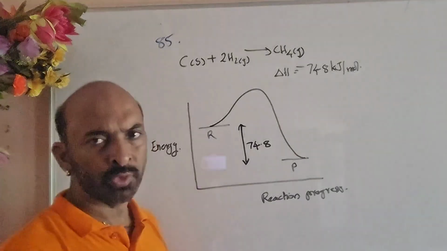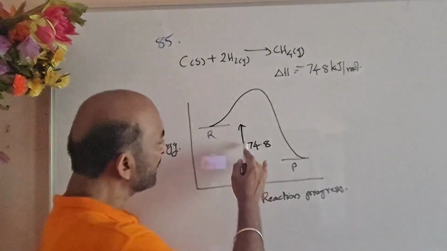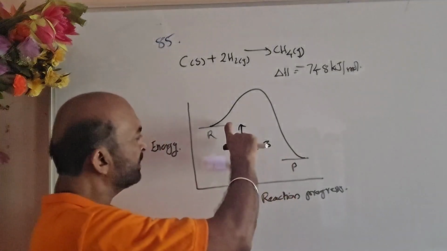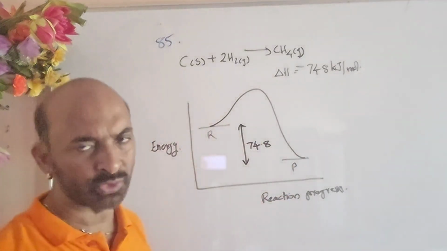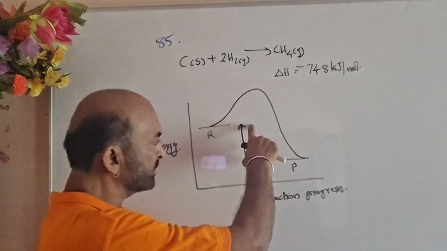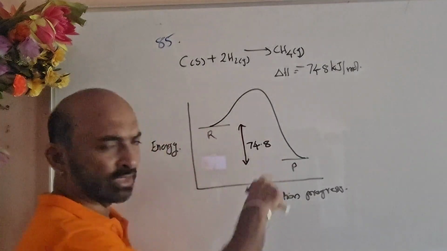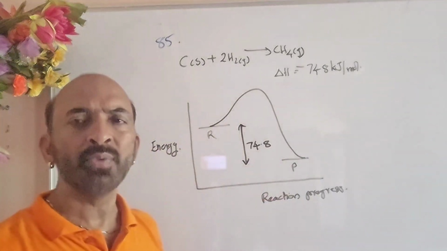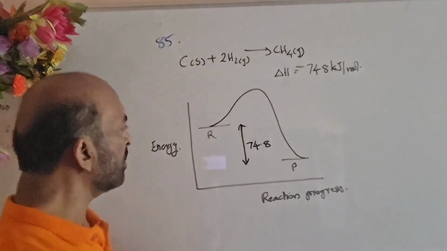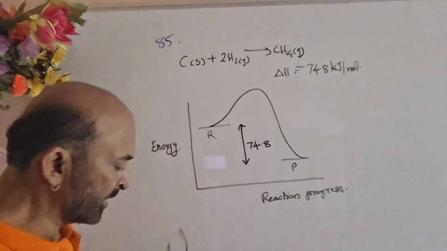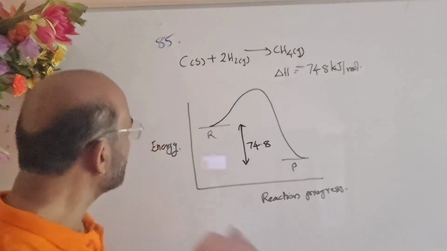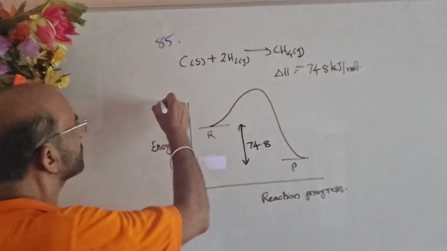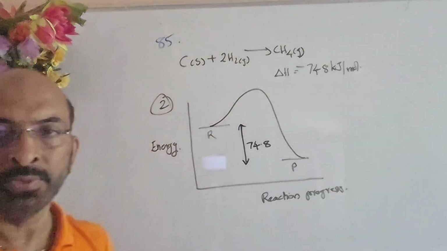Only this will correspond to that. Don't worry about the negative sign here. They simply suggested the magnitude of energy difference between these two. When it is up, it is plus 74.8. When it is down, it is minus 74.8. So they have avoided the sign there. So among the given options, which one is this option? Option 2 is the correct answer for question number 85. Okay.